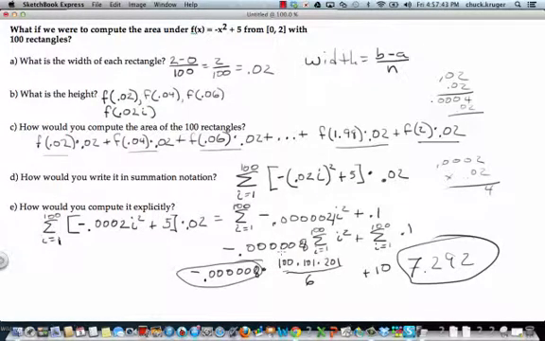That's where I'm making my mistake. I'm not multiplying by 2. So now we get the correct answer if we go through that. Alrighty, my answer is 7.292.